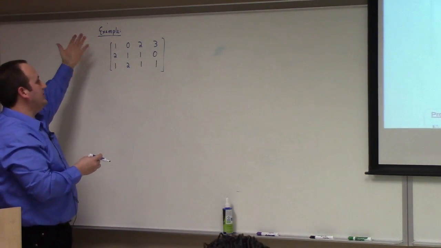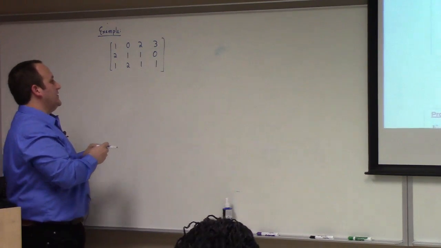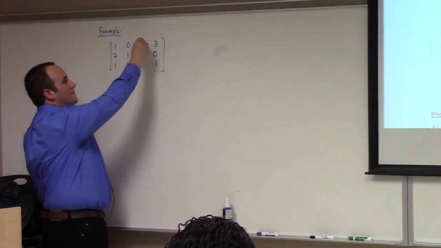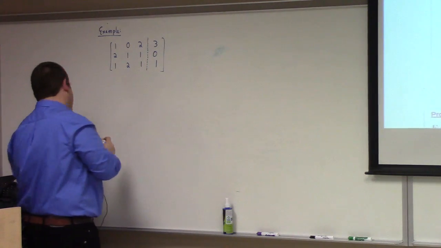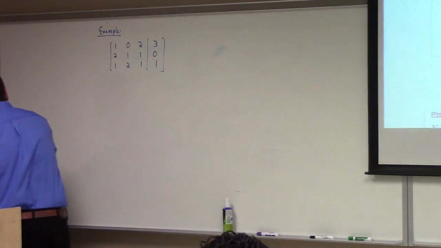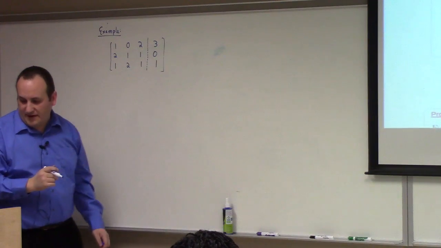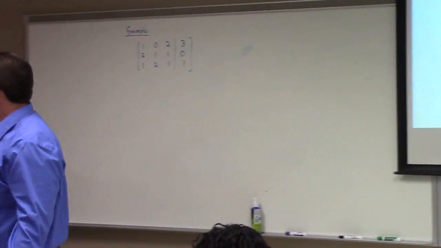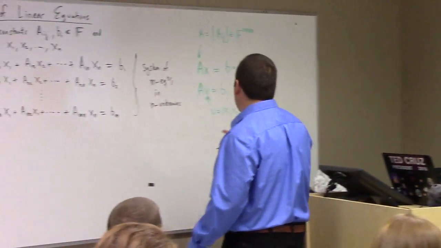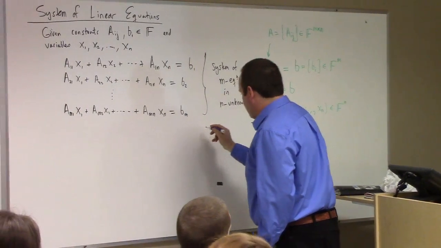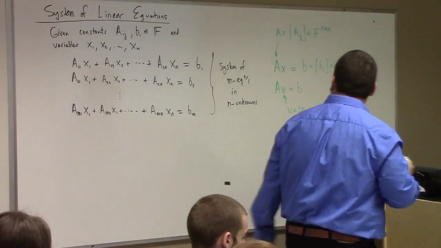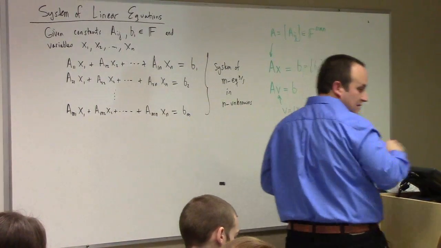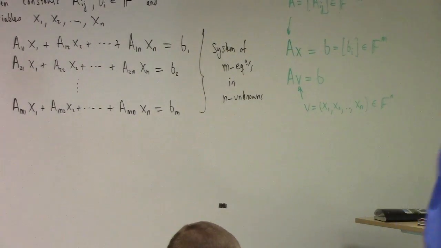Now, I guess before I even do that, I should talk about what system of equations this would correspond to. This would be the coefficient matrix. I'm sorry, I seem to have forgotten to define something for you over here. If you take the matrix, goodness gracious, lost my colors.